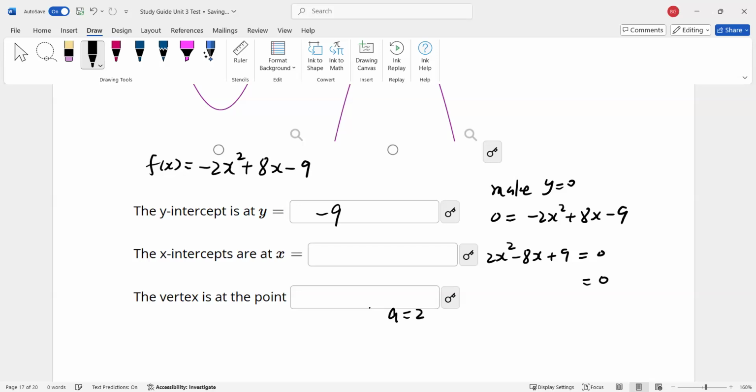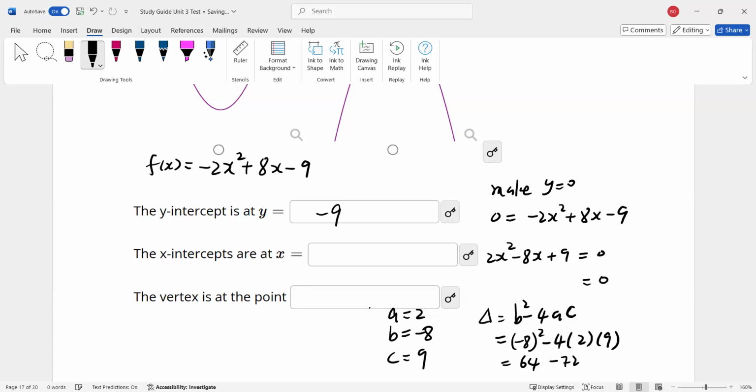A is 2, B is negative 8, C is 9. Delta is B squared minus 4AC, negative 8 squared minus 4AC. Be very careful with the calculation. Minus 4, A is 2, C is 9. 64 positive, and then minus 72. Oh, okay. It's not factorable. It's going to have imaginary solutions.